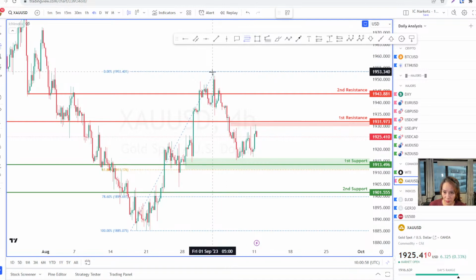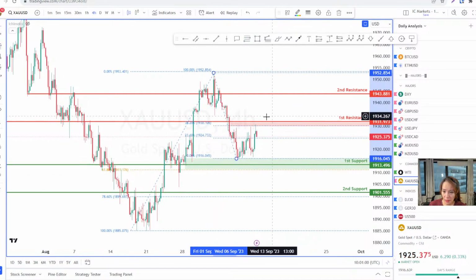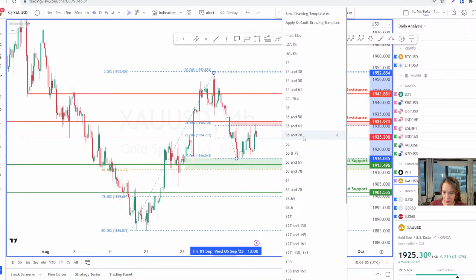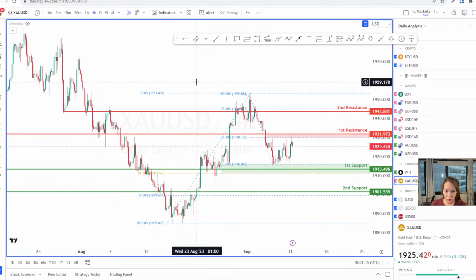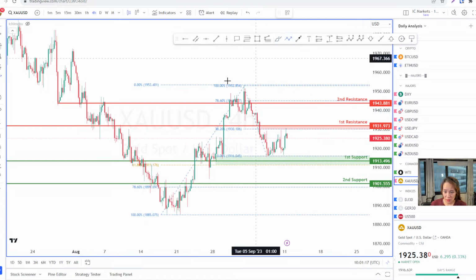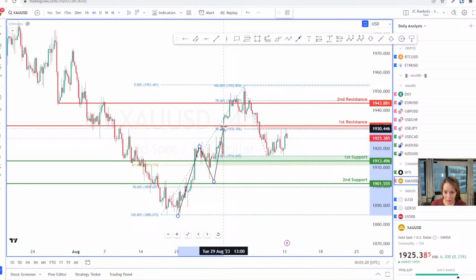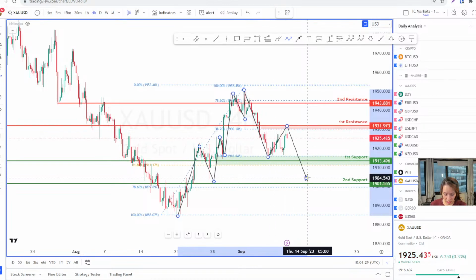I pull my fib from here to here, and I know that these are 38.2% and 61.8%, which is the second resistance. So basically even though price makes a higher high here, or maybe here, and then here, after that they make a lower low and lower high, following the downtrend, following the daily time frame.